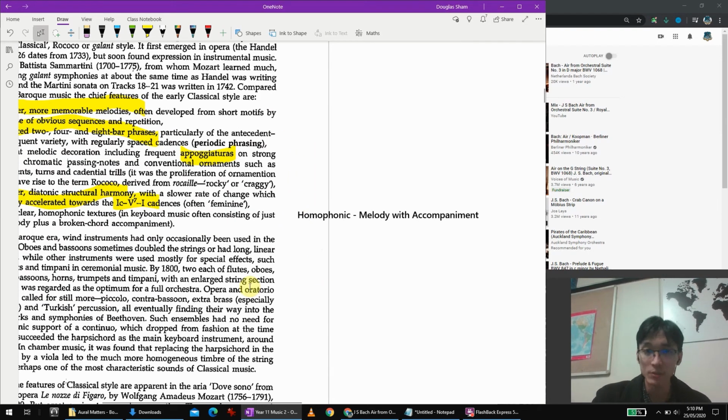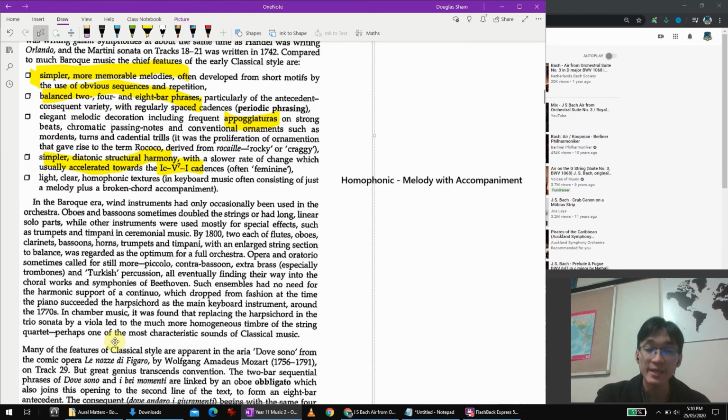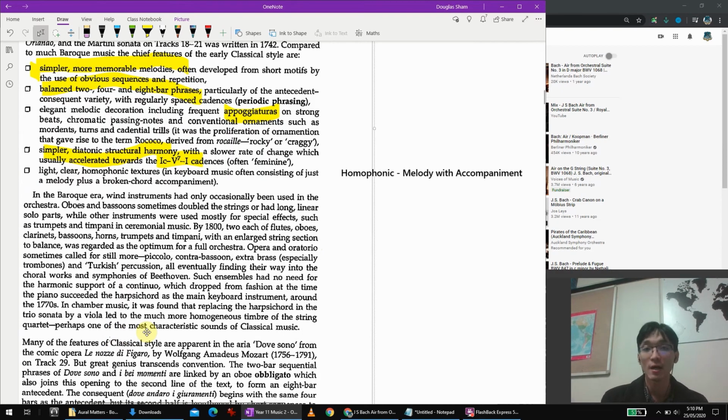Now, the next bit is about the orchestra. Sorry, I'm just struggling to scroll through this. There we go. In the classical era, they used a bit more woodwinds, and things generally got a bit larger. So the orchestra got bigger. The symphonies have a rounder sound.